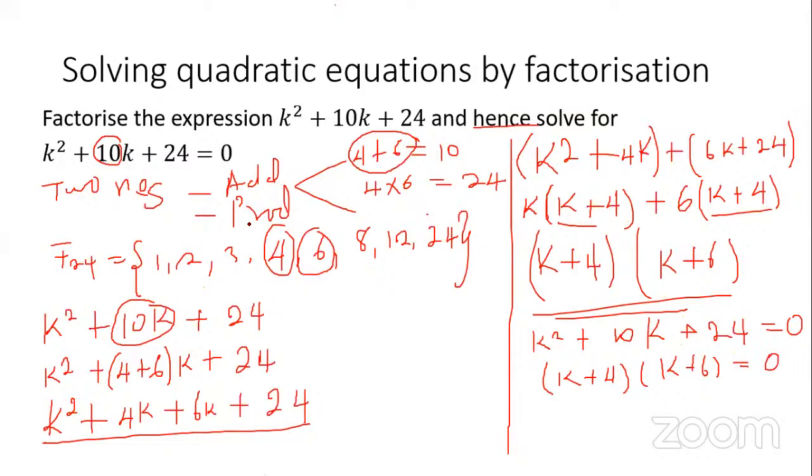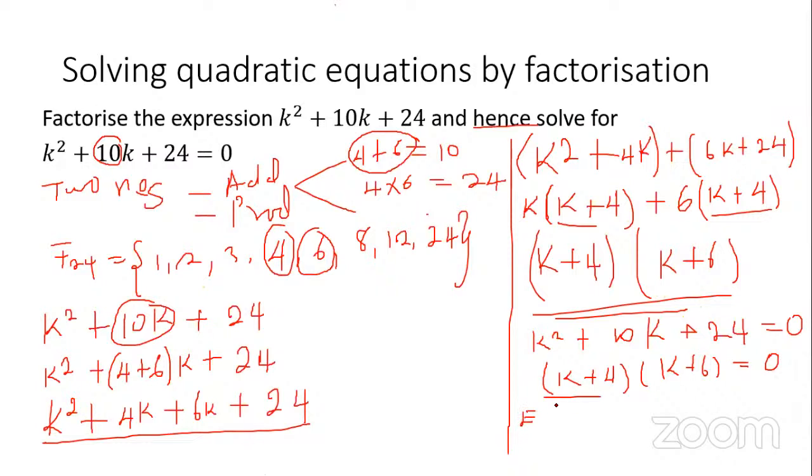Are we there? Yes. So after that, we are going to say either the first bracket is equal to 0 or the second bracket is equal to 0, and then we find the values of k.